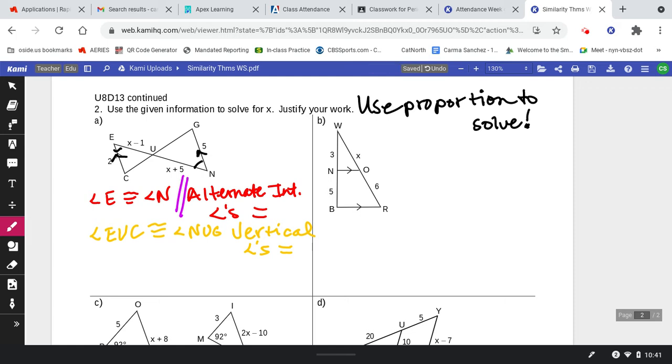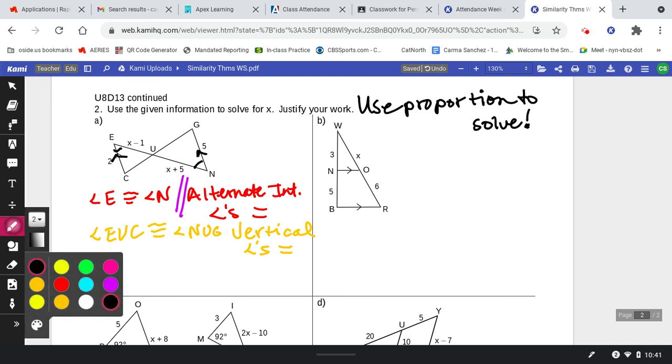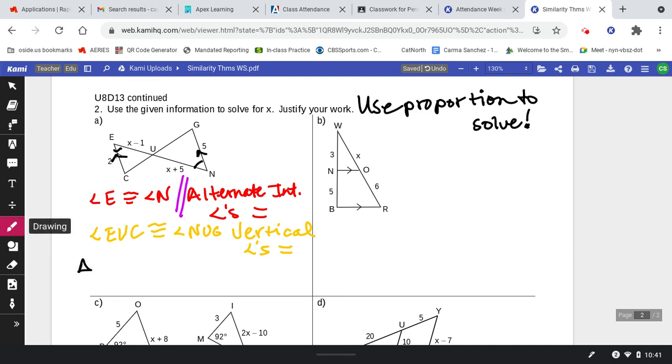There's my 2 angles. So now I can say that triangle EUC is similar to triangle NUG by a similarity theorem.